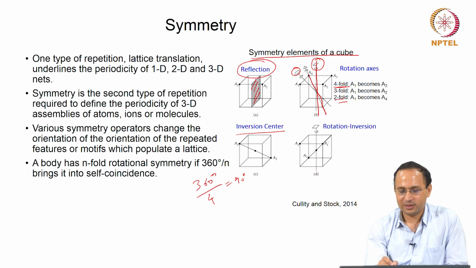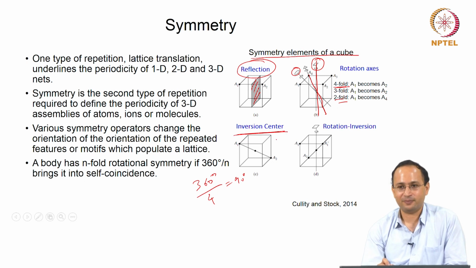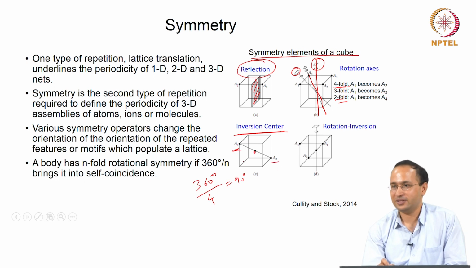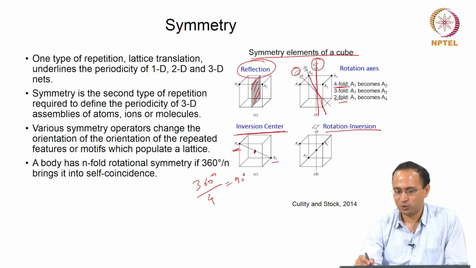Also there is a symmetry operation called inversion center. You can see that A1 becomes A2, this is a center inverted, this is the inversion center. This is a rotation inversion: suppose there is a 4-fold rotation, A1 becomes A2 which we saw earlier, then there is an inversion, A1 becomes A1 dash, then A1 dash becomes A2, a combination of rotation and inversion.